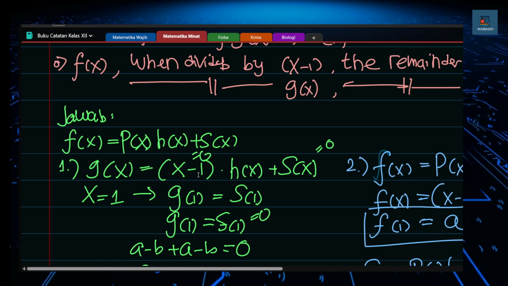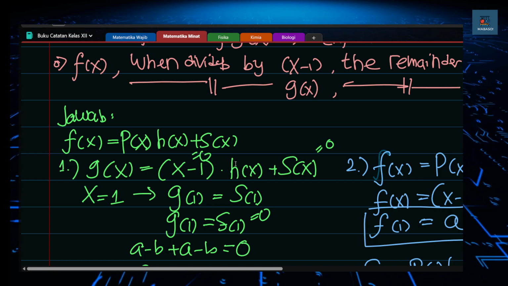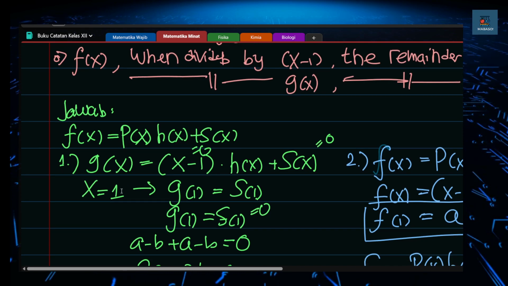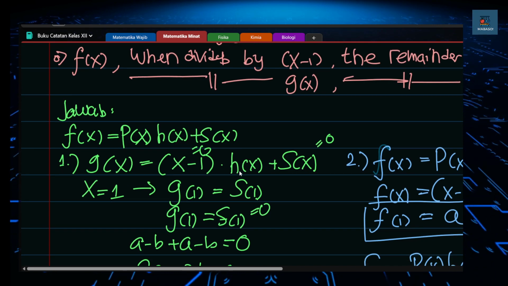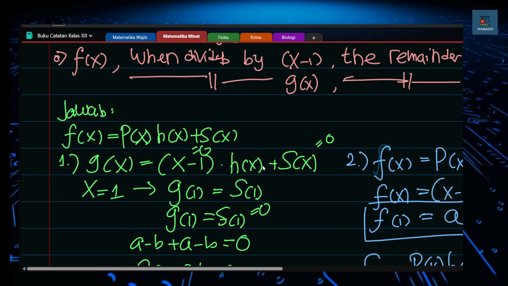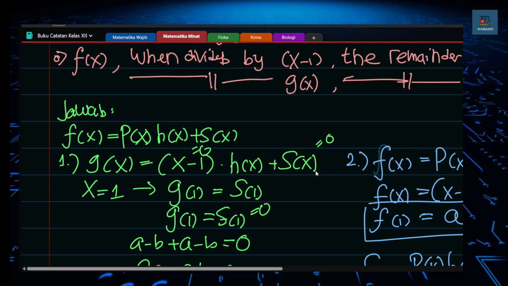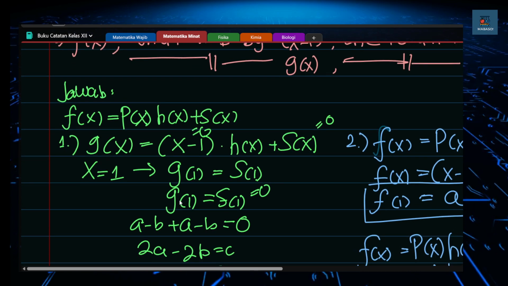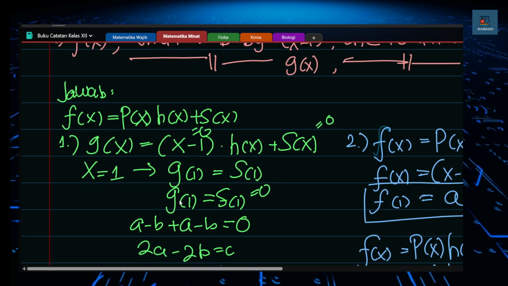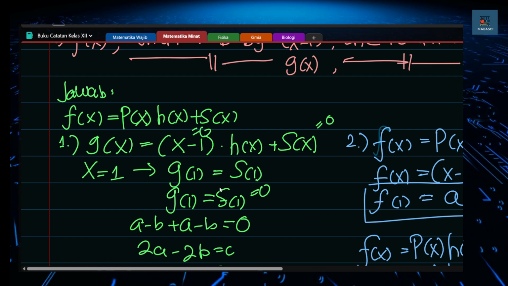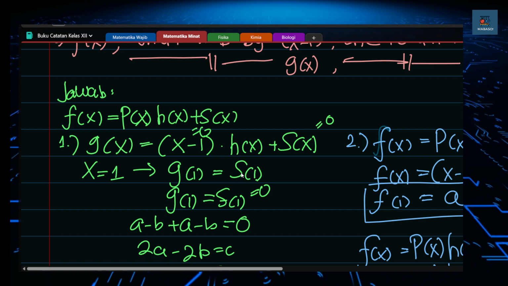Why did I choose x equal to 1? It's because if I choose x equal to 1, the quotient term disappears and it leaves us the s(x), which would be quite informative for later use.